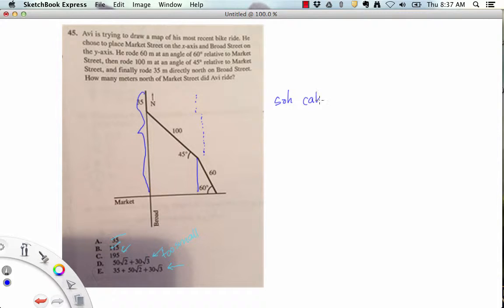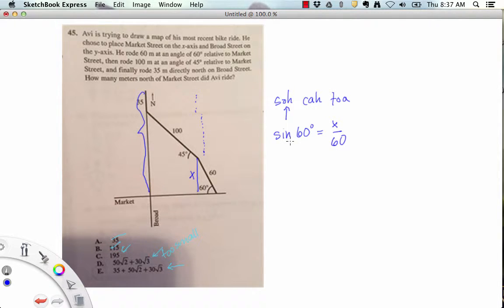Even as well as I know trigonometry, I still tend to think about this, comes to mind to remember. All right, so I'm talking about sine here. So this is telling us the sine of 60 is the opposite, which is that distance we want to know, call it whatever you want, over the hypotenuse, which is the 60.